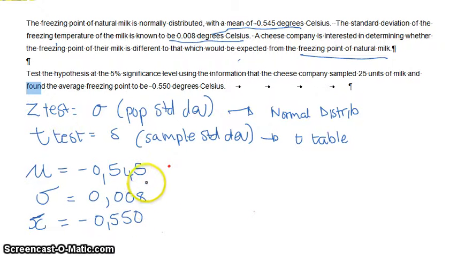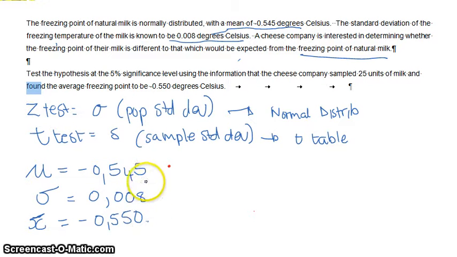And there we can already see that the sample gave us a different mean to what is known about the population. The question asks, the cheese company is interested in determining if the freezing point is different. So that doesn't ask, is it greater than or less than? It basically wants to know, is that sample mean different or is it the same?